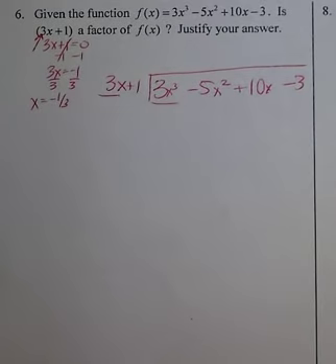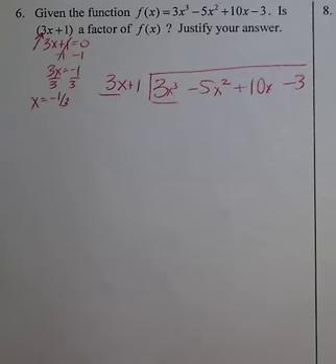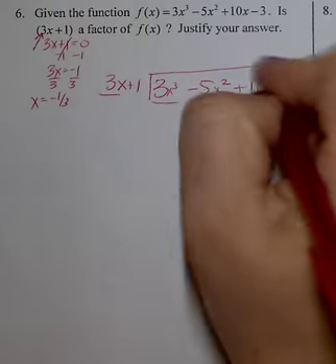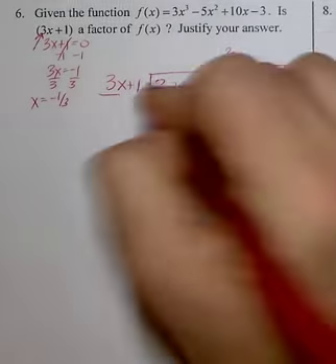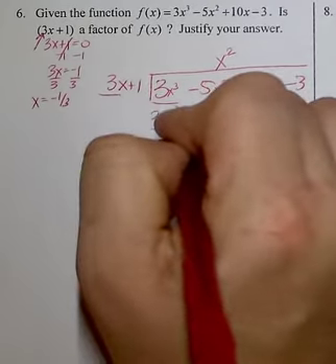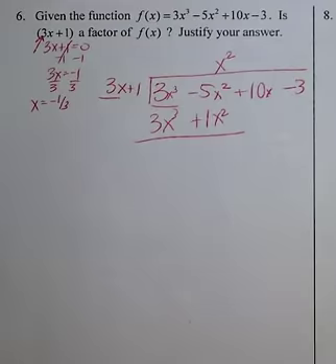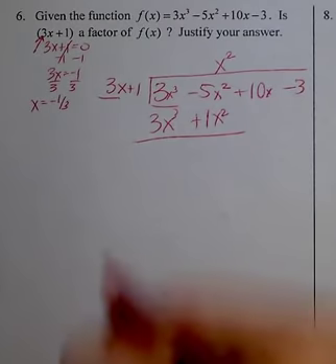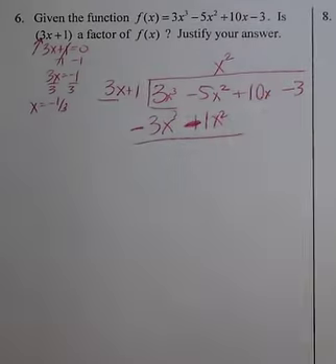3x times what quantity is 3x cubed? X squared. Okay, we're going to multiply positive x squared and 3x to the third. Then I'm going to change the sign in the second row, and I'm going to combine downward.